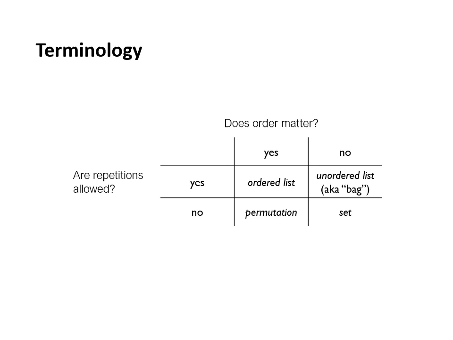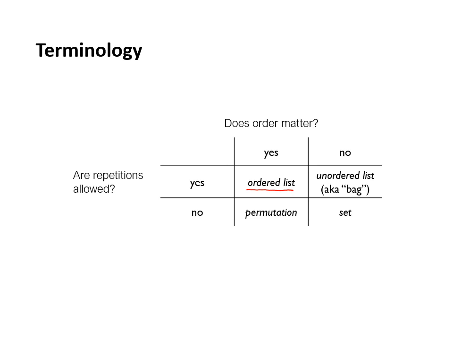Okay, a little bit about the terminology. So this is the same table from the previous slide. And each of these quadrants, depending on whether the repetitions are allowed and whether the order matters, has a well-established name. So if repetitions are allowed and the order matters, then we're talking about ordered lists.